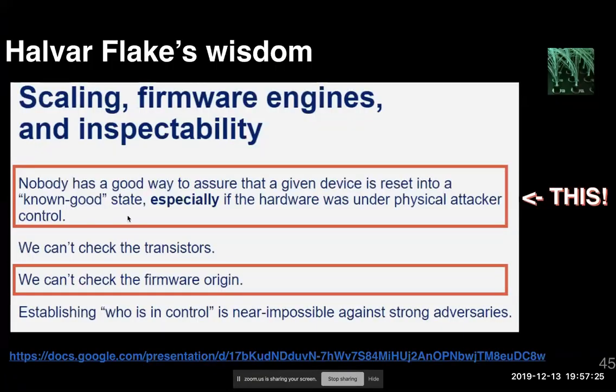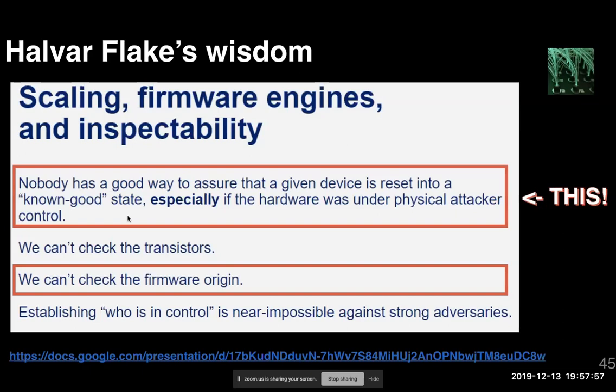I really like Thomas Dullien and Halvar Flake's points about signing. You don't have an understanding of what is good and what is bad in your platform, right? And basically, if a physical attacker has control, that's pretty much it.